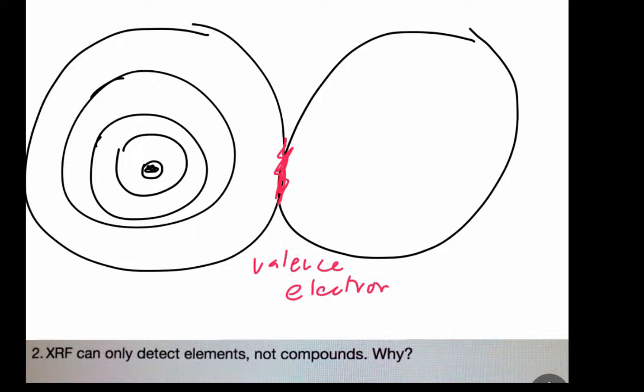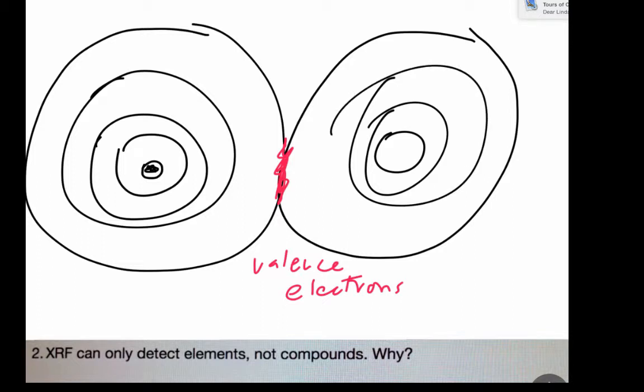For these larger atomic numbers, where they have at least 4 primary electron shells, the valence electrons are these outer electrons out in here, and X-ray fluorescence happens in these lower core electron shells. So these are really largely unaffected by what's happening out here.